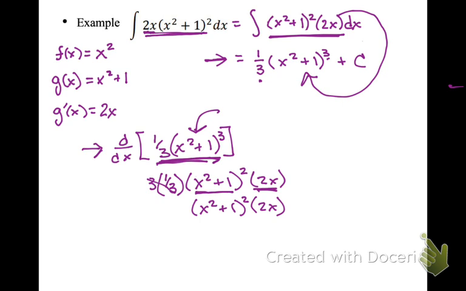So when I'm going backwards, I have to know that this was the derivative of the inside of the function. Oh, okay. So it doesn't change what I'm looking for. Does that make sense? Yes. Okay, so let's do another one.